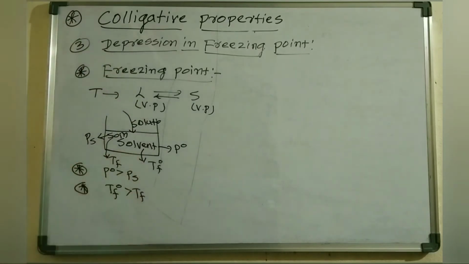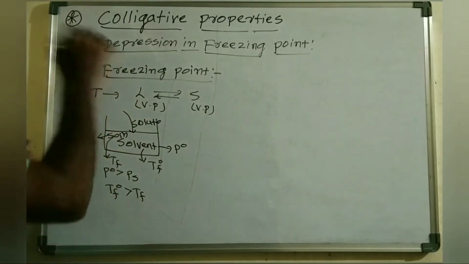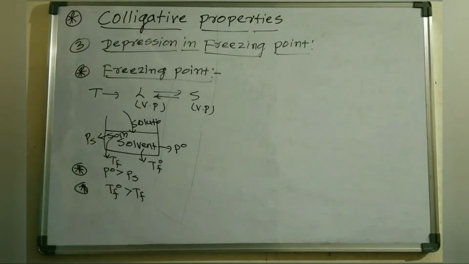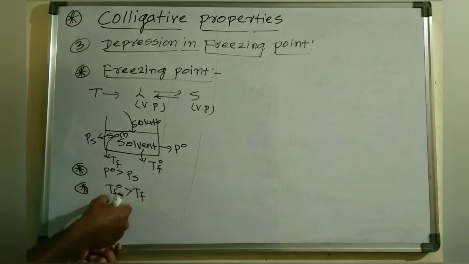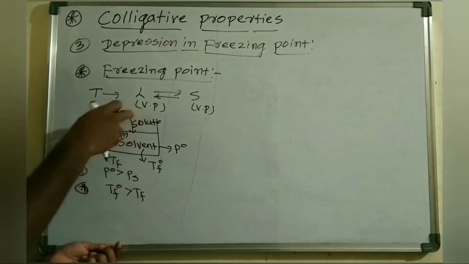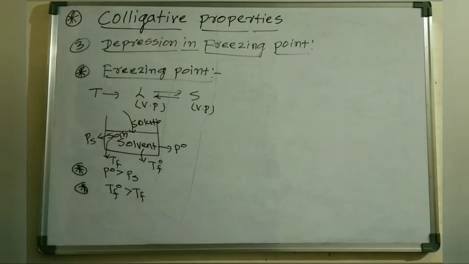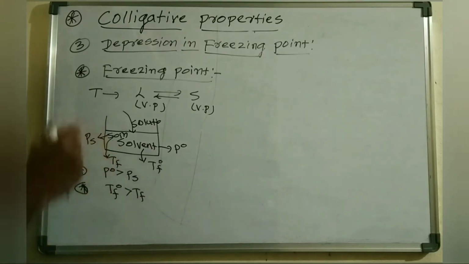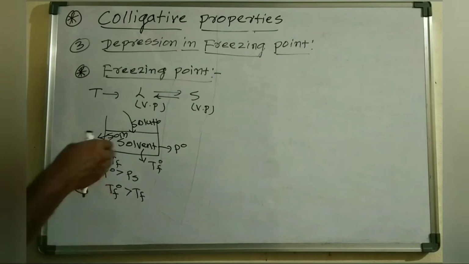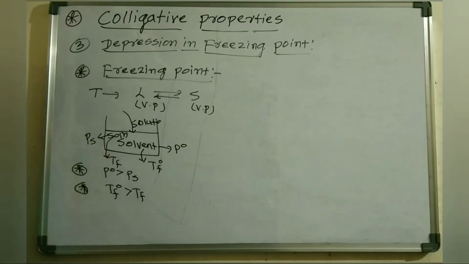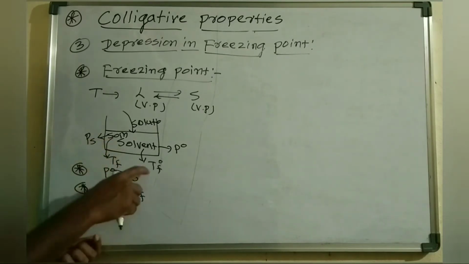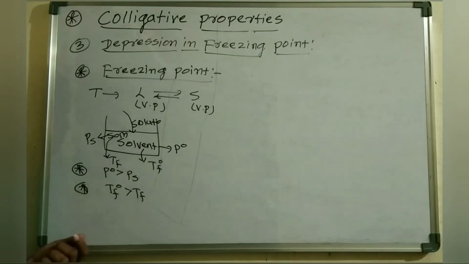The decrease in the freezing point of the solution is the depression in freezing point. What is a depression in freezing point? When we add the non-volatile solute to the pure solvent, the solution vapor pressure decreases, and the freezing point of the solution also decreases compared with the pure solvent freezing point.